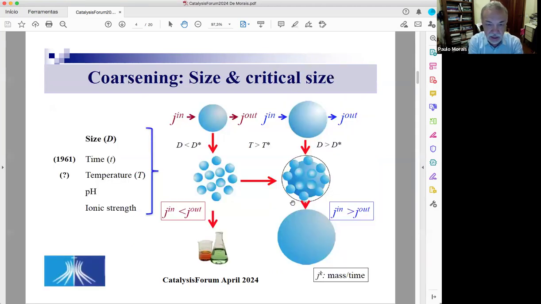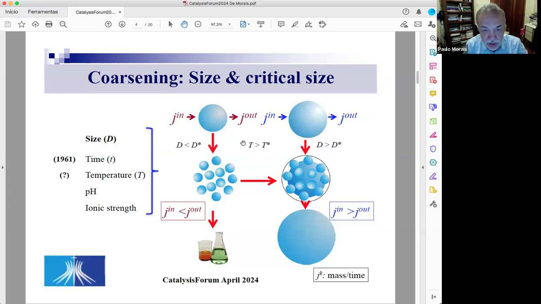Let me go one more step into detail about coarsening, which has two important critical parameters. One is a critical size, which I call D star, and also a critical temperature, which I call T star.